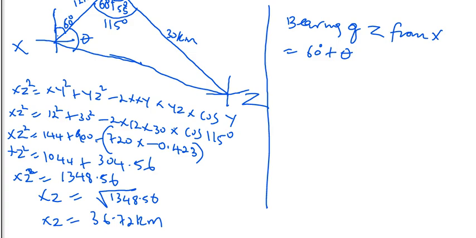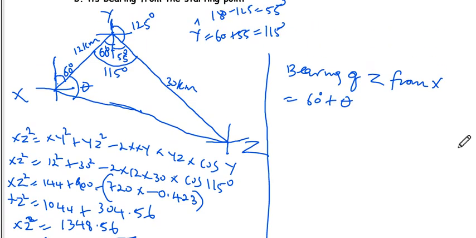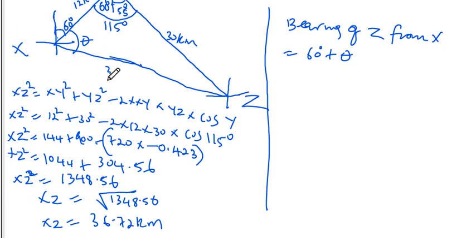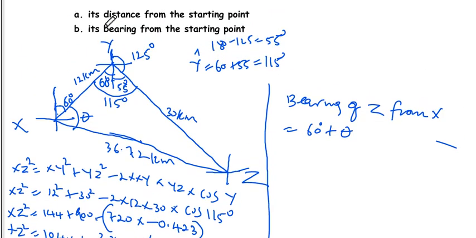Now since this is not a right angle triangle, and we already know XZ is 36.72 kilometers, we can use the sine rule to get theta.